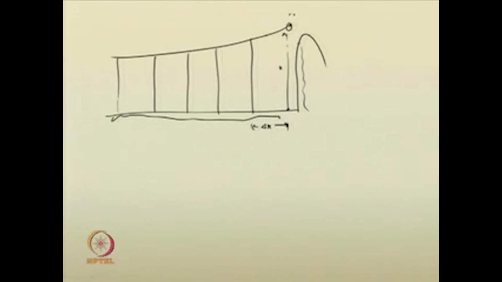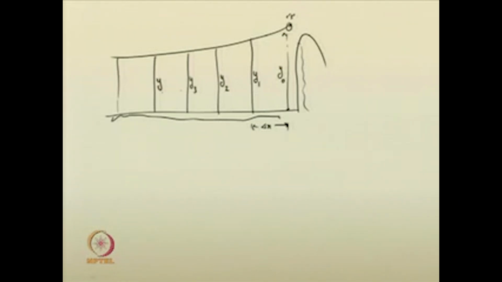So, beginning with the control section, if this is your first value y0, using the value of y0 you can compute at section 1 the depth y1. After computing y1, you can go to the second section, section 2 and y2, then section 3 and corresponding depth y3.